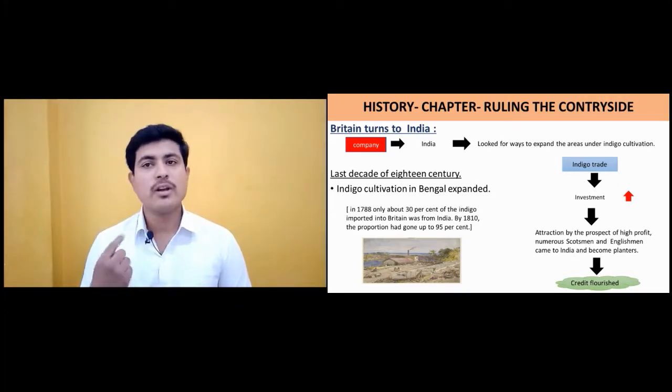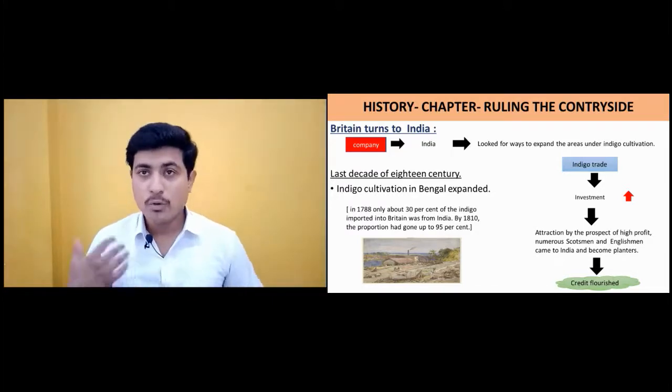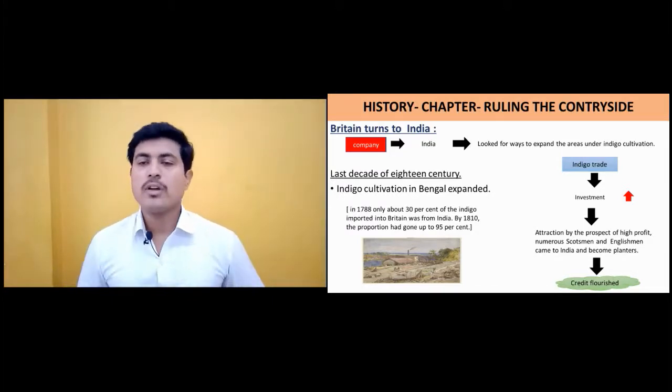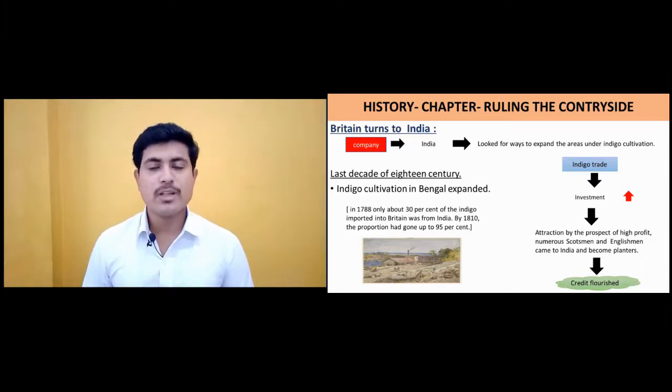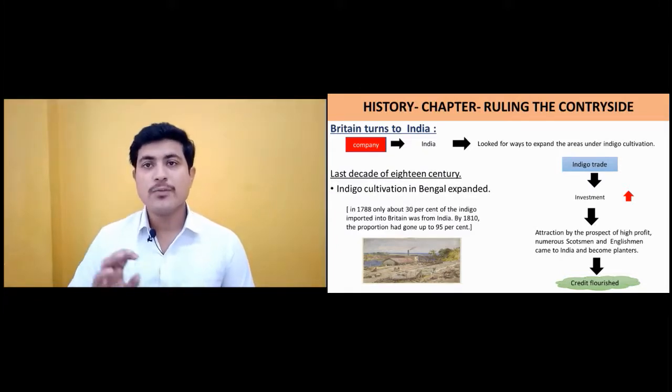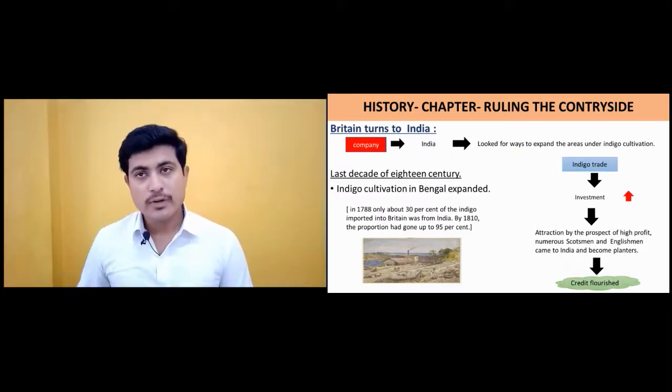They were not going to grow all of it themselves. They were going to hire someone to grow those plants on their behalf. So they were in need of workers and other resources which they would purchase from India. Therefore heavy investments started coming and credit was floated in India.